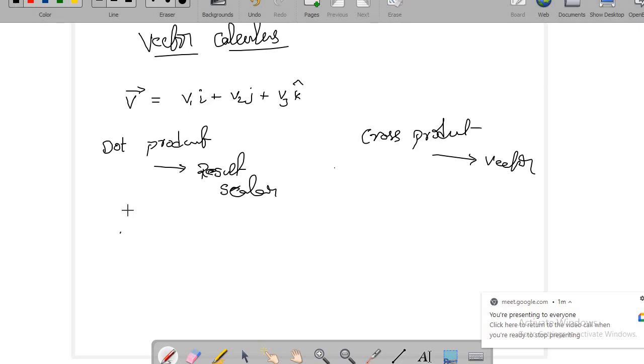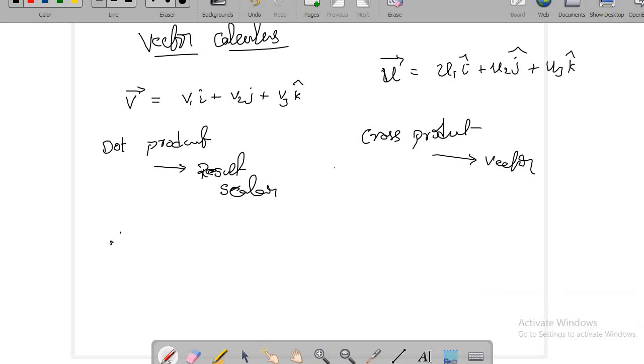Whereas numerically, let's say v is this, and let me assume u bar is this, and you know how to write v dot u, that is component wise multiplication, which is nothing but v1 into u1 plus v2 into u2 plus v3 into u3. So this is a scalar.